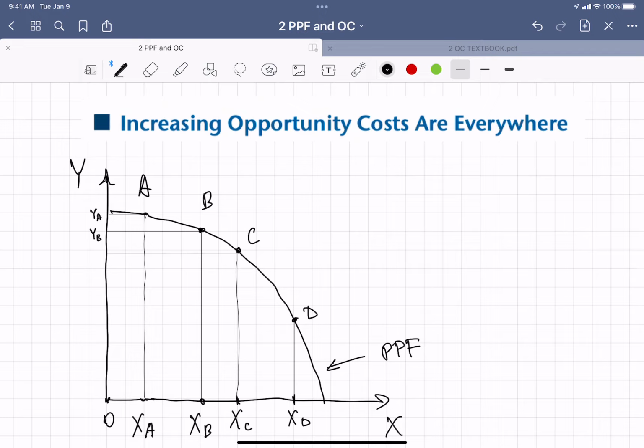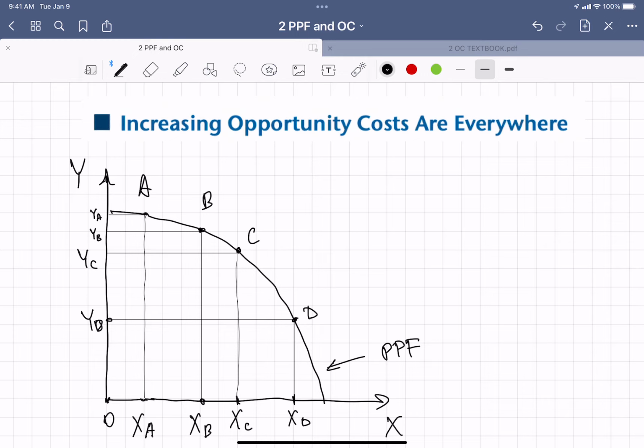And we can now measure the amount of good Y we're going to sacrifice, the opportunity cost of this gain in good X, going from YC to YD. Again, remember this distance is the amount of good Y you have at point D, and this distance is the amount of good Y you have at point C. So your loss in this case is that much.